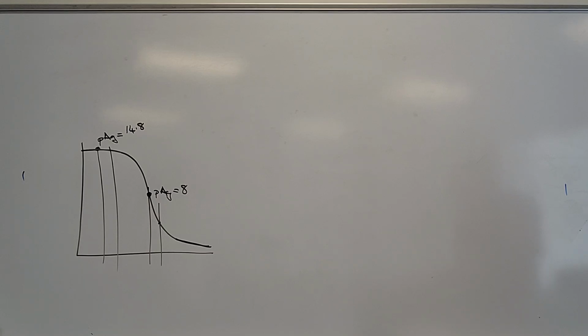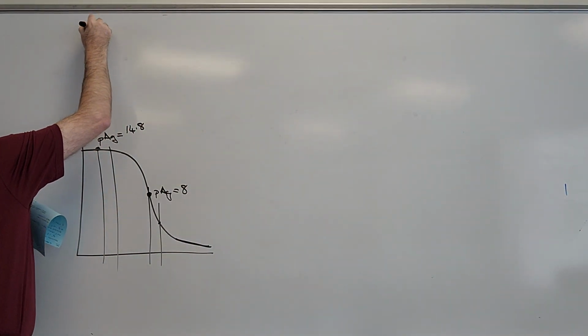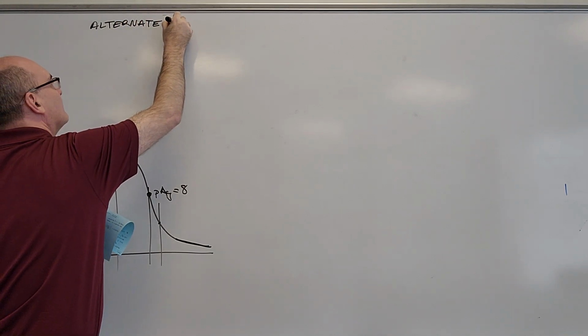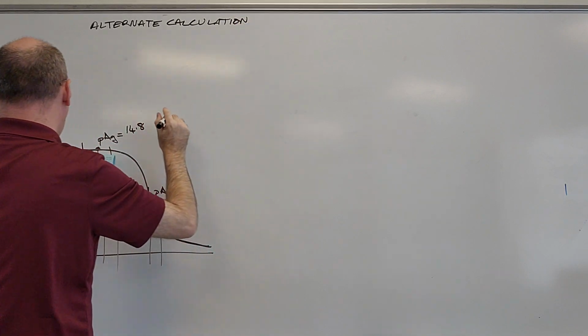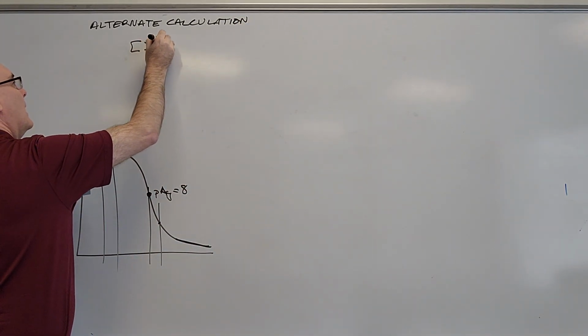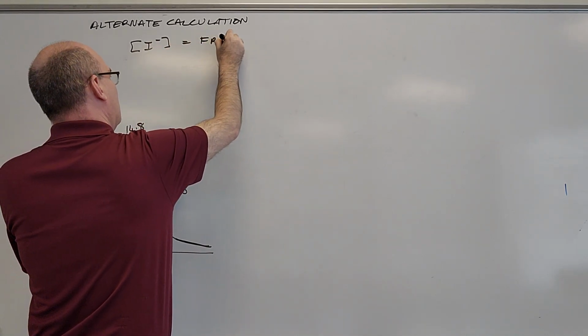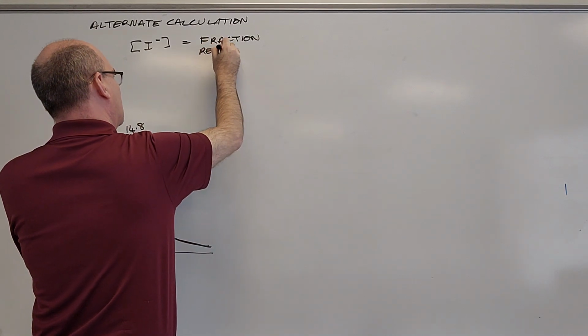I said last week that there is an alternate way of doing this, and I'm not particularly comfortable with it. The alternate calculation goes this way. The iodide concentration is equal to the fraction remaining.